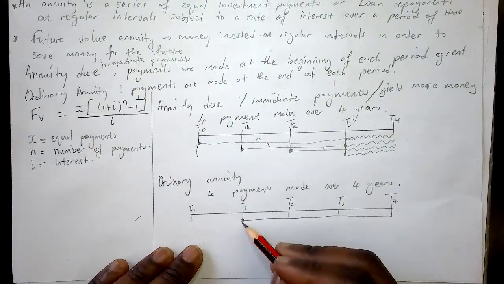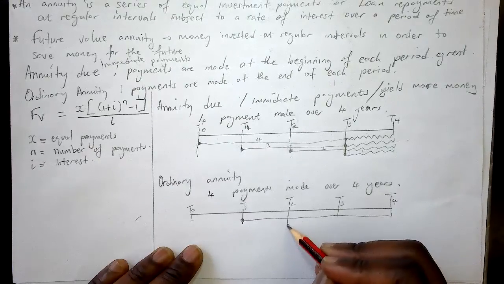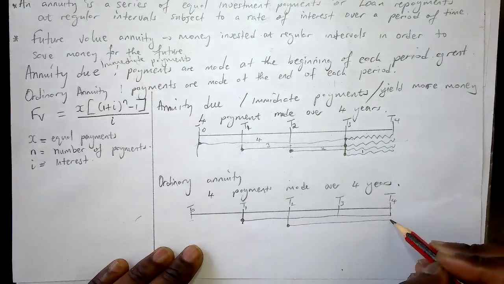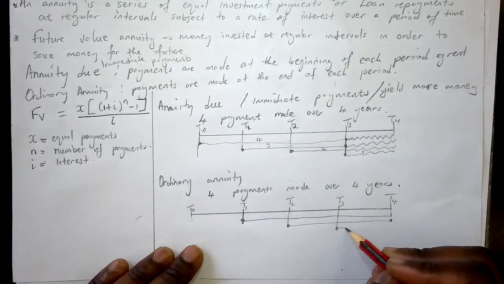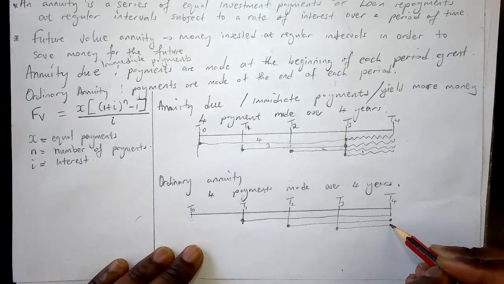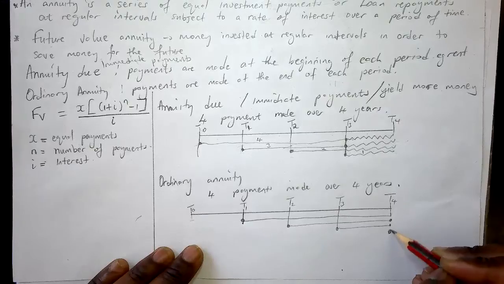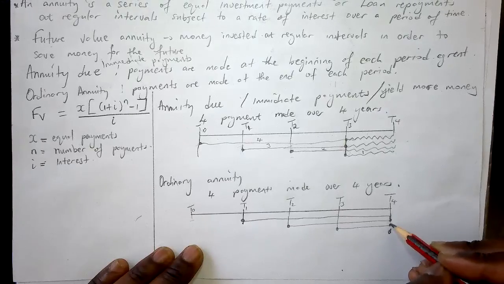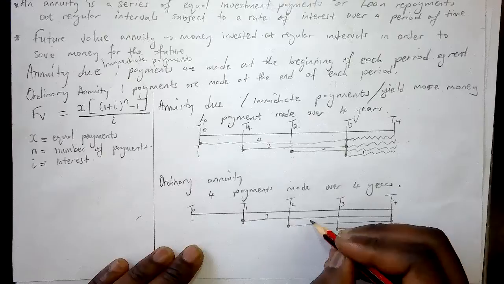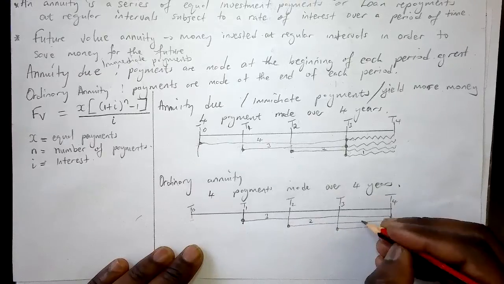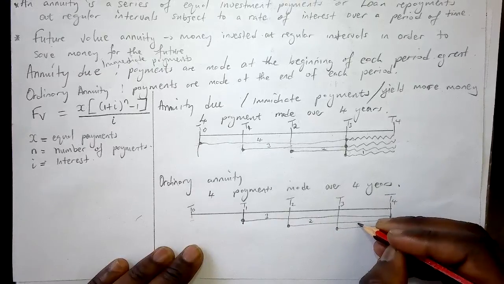Then you make a second payment. You make a third payment. Then you make the last payment. So this money has got 3 years to grow. This money has got 2 years to grow. And this money, you have got 1 year to grow.